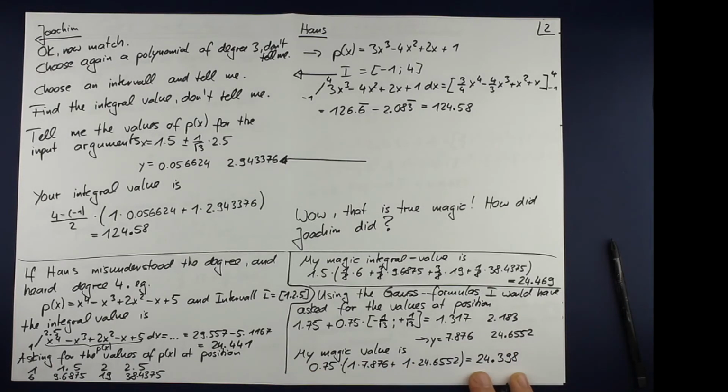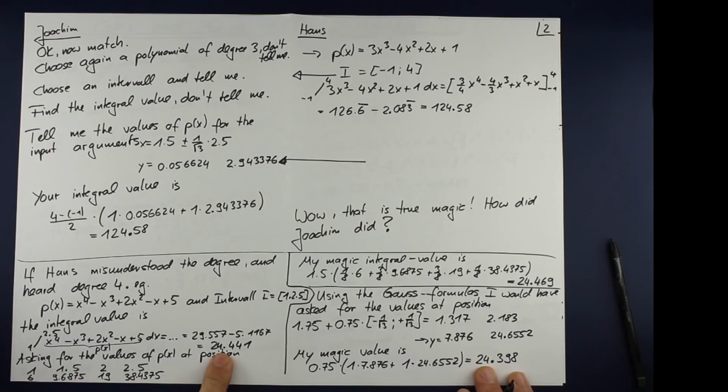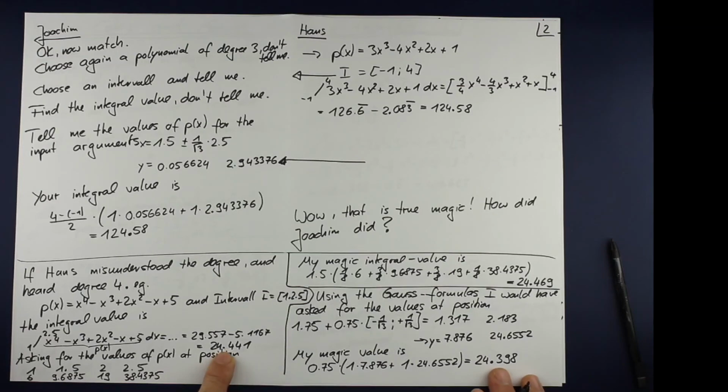So in this case I would tell Hans, okay, your integral value is 24.398. Then Hans will say, no, that's not true. The correct value is 24.441. So you are close to the correct integral value, but it's not correct.